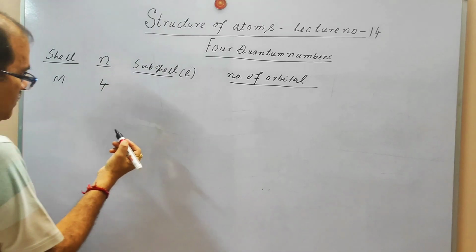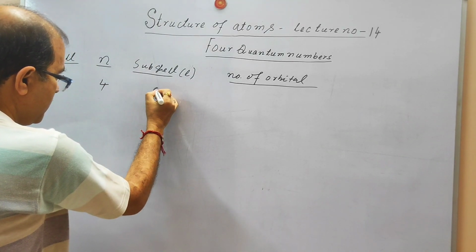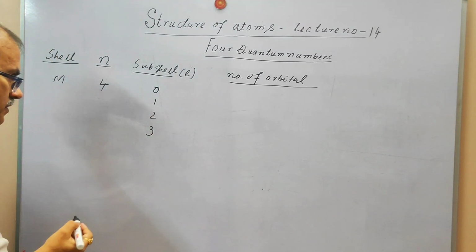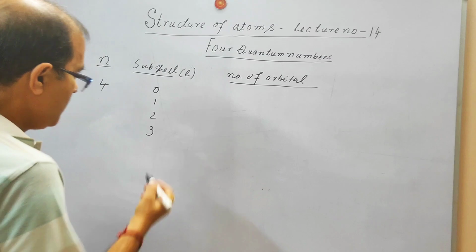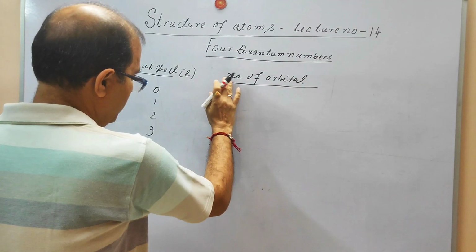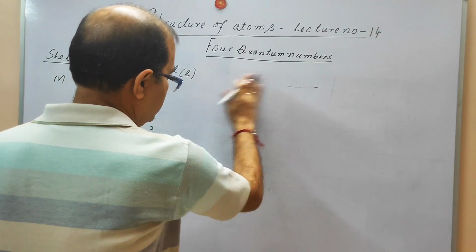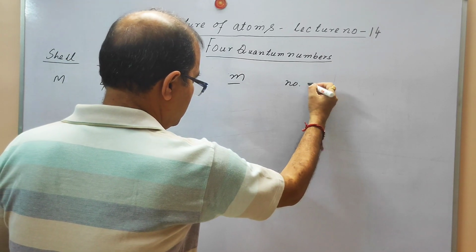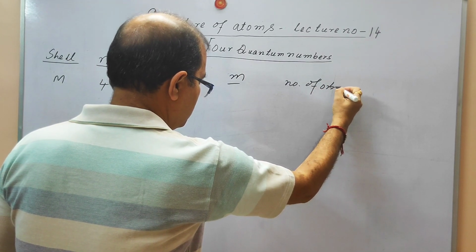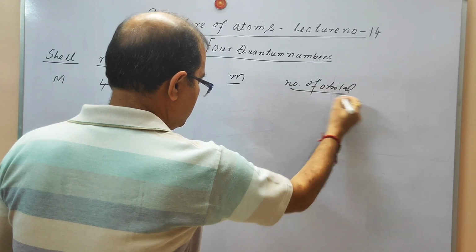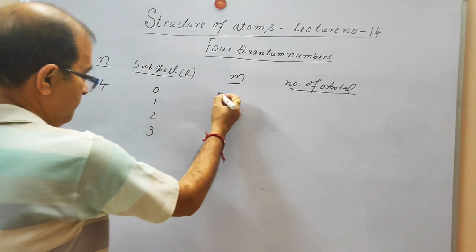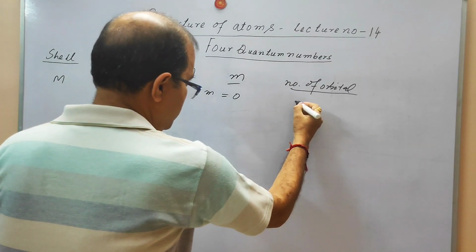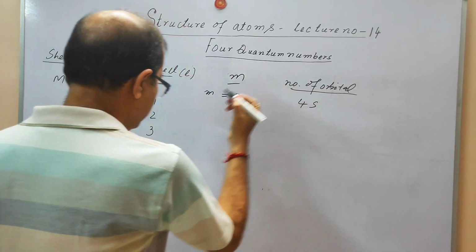For the N shell, n is 4 and it will have 4 subshell notations, 0, 1, 2, 3. Accordingly, m equal to 0 means the orbital is the 4s orbital.